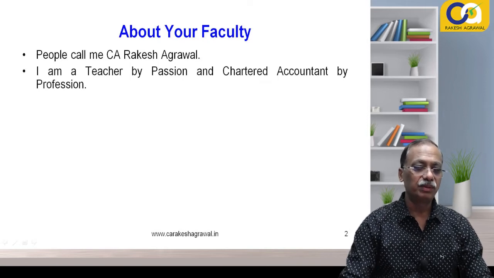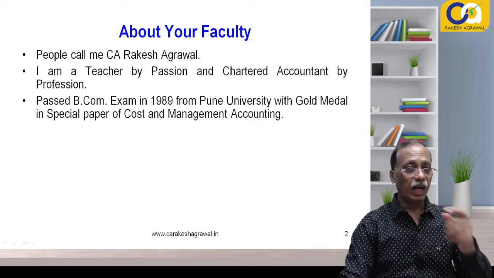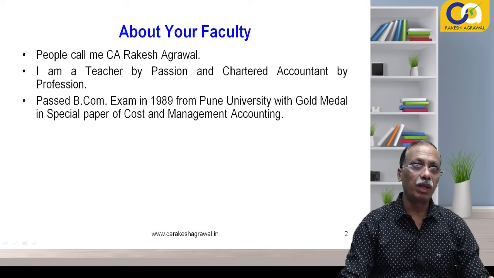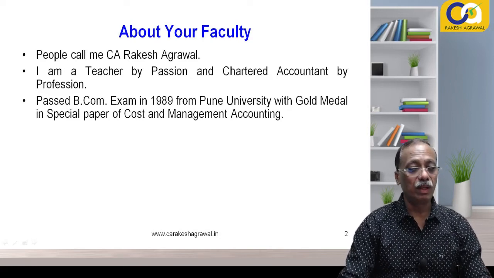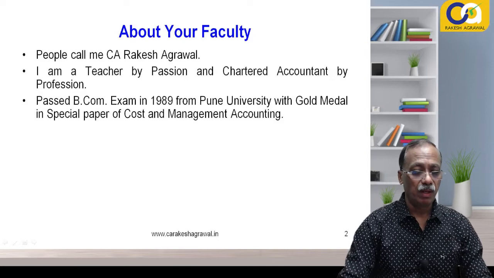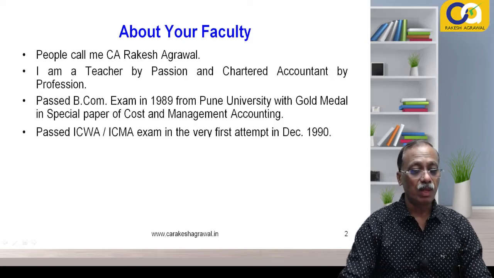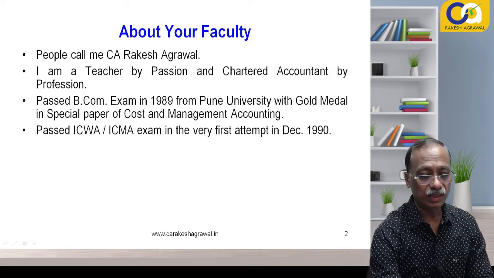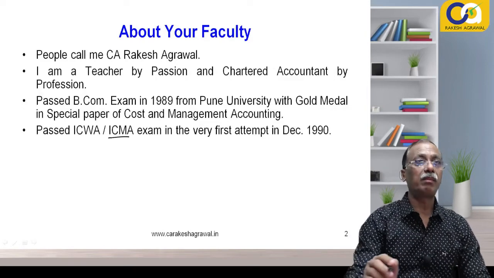I love teaching. I cleared my BCom examination way back in 1989 from Pune University with the gold medal in the special paper of cost and management accounting. That was my specialization paper, and I'm a gold medalist from Pune University in the subject of costing. I passed my ICAA exam, which is also known nowadays as ICMA, that is cost and management accounting.